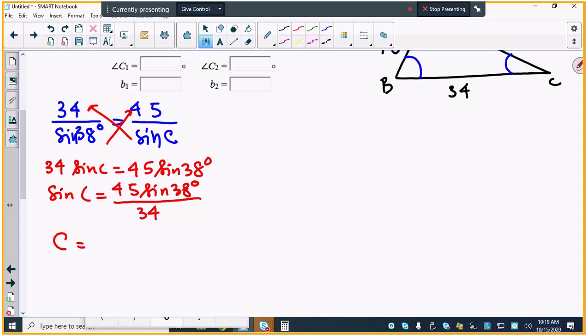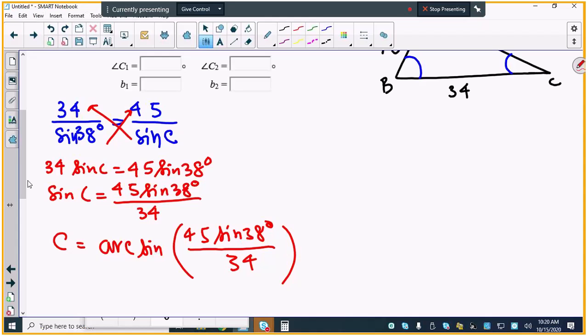So C, as you can recall, is the arc sine or the sine inverse of 45 sine of 38 degrees over 34. And remember what I told you, that should be your first choice for C. The second choice for C, first you find this angle and then subtract that angle from 180 degrees to see the possible value in the second quadrant.